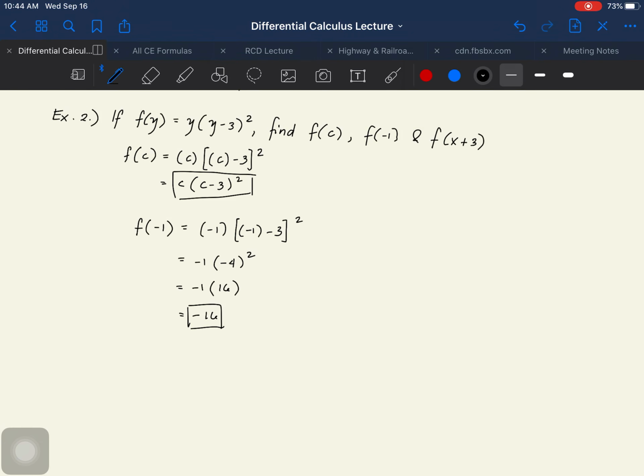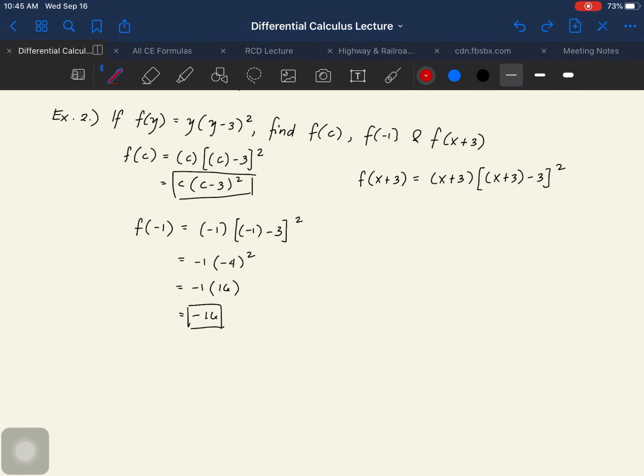Now for the third problem, we have f of x plus 3. So what happens? We will just substitute y with x plus 3, then another x plus 3. So don't forget the bracket, 3 squared. Is this still the same as that one? Well, this is the y, this is the y, so nothing changed.